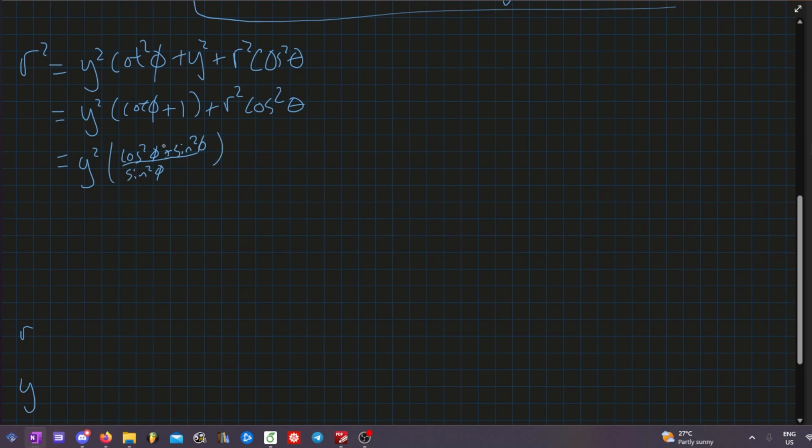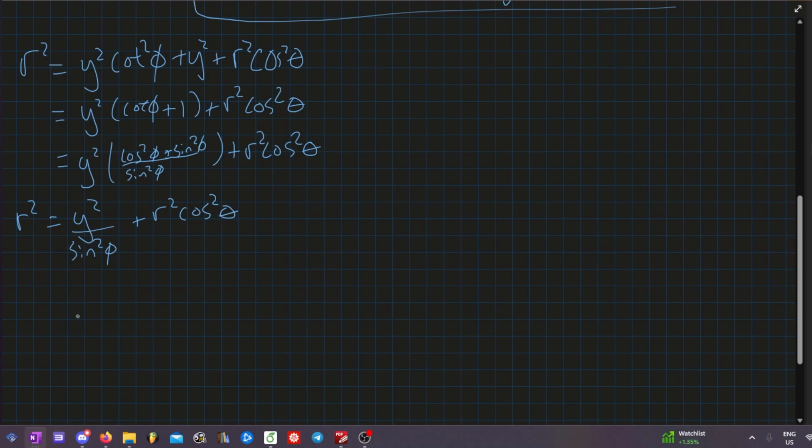So the top is going to go to 1, and that's 1 over sine squared phi. We can see right away. So let's write it that way. So we have that r squared is y squared over sine squared phi plus r squared cos squared theta.